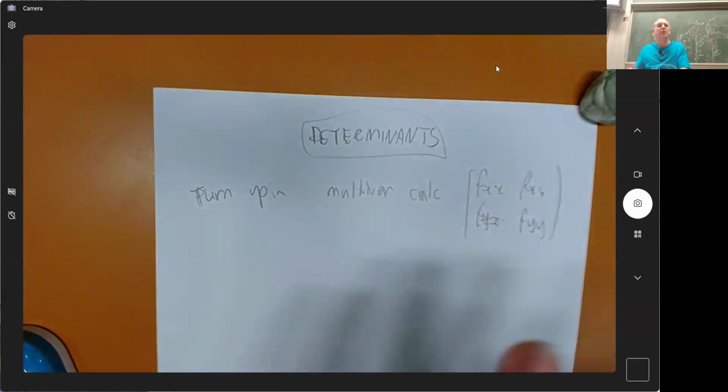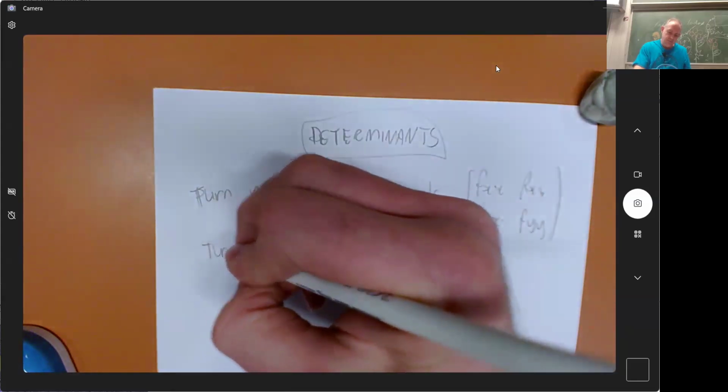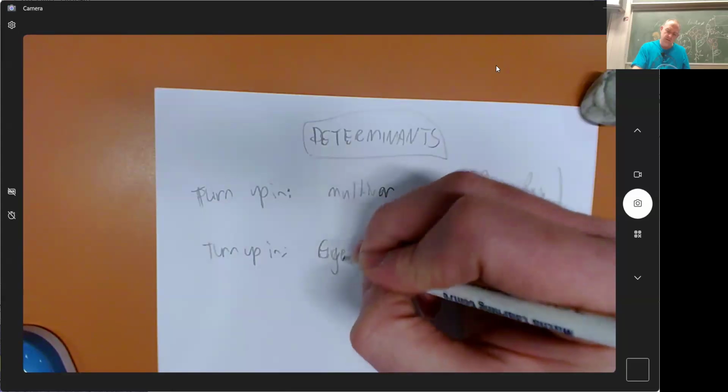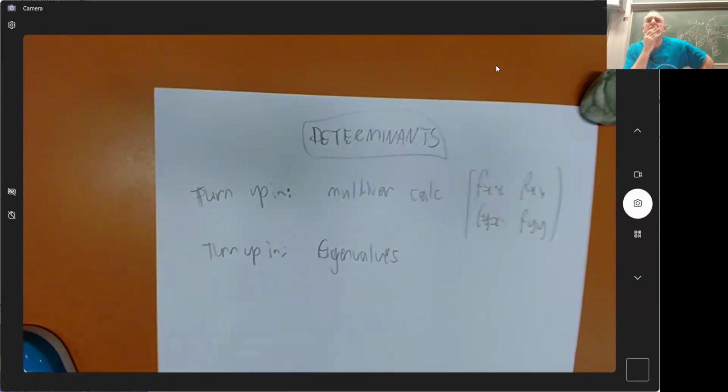And that has to come out to positive or negative or whatever. Okay. And they turn up in eigenvalues, right? I think that's it. Do they turn up when you do orthogonal diagonalization? No, because that's eigenvalues anyway.